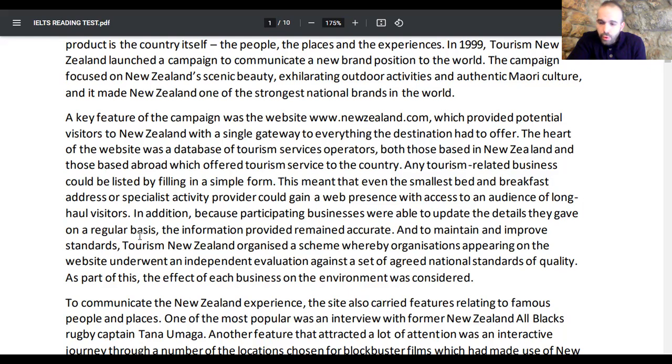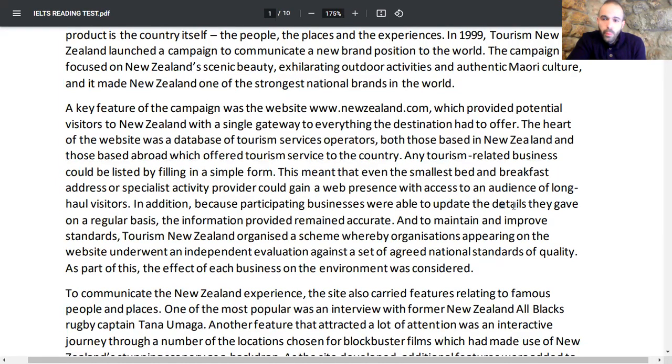The information provided remained accurate. From this, it can be safely concluded that the activity we are looking for is updating information. So the answer is update. Details is a synonym of information that was written in the sentence. See how important the keywords are.